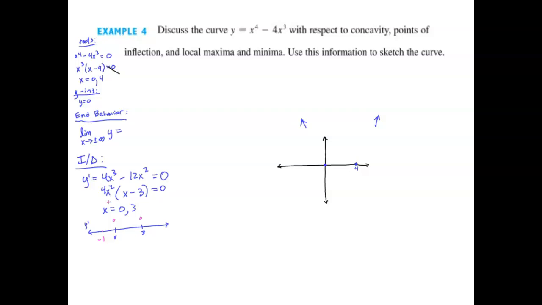If I plug in -1 to x minus 3, I get negative. Positive times negative is negative. All right. Next interval between 0 and 3. Let's say we choose +1. This is positive. This is still negative, so still negative. And then let's choose, let's say 4. This is positive. This is positive. Positive times positive is positive. Great.